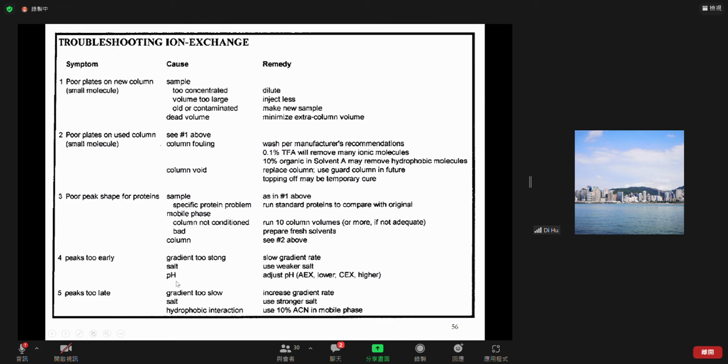How about for pH? If your peak comes out too early, for an ion exchanger you want to lower the pH. What does that mean? What is the typical mobile phase we use for an ion exchanger? Sodium carbonate and bicarbonate solution, right? Buffer, or sodium hydroxide.